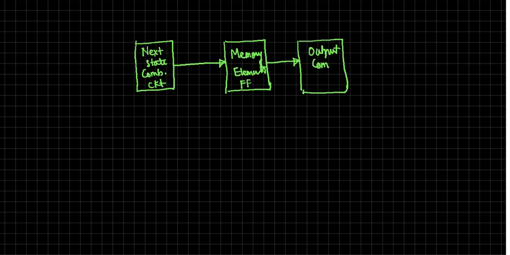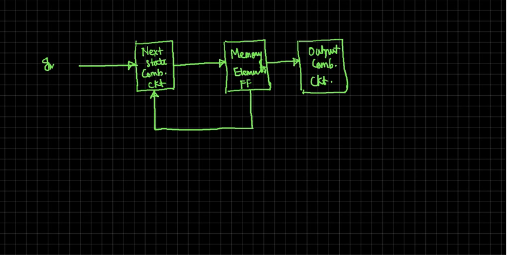And this memory element we may give back to the next state circuit, so we may have a loop condition there, isn't it? We may have a loop something like this, and of course the inputs are there.